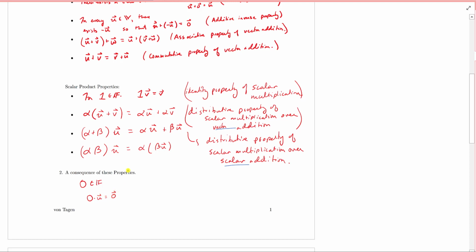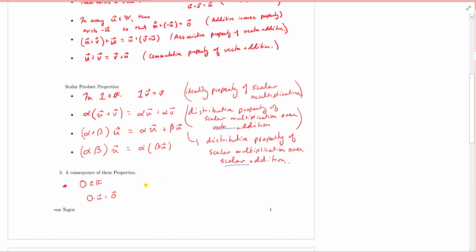So pay attention here to the difference. If I put a 0 without a line over it, I'm just talking about the number 0, like you're familiar with in the real numbers or in the complex numbers, and I'm scalar multiplying it to some vector, but the result of multiplying any vector by the number 0 gives me the 0 vector. Okay, so that's one property.